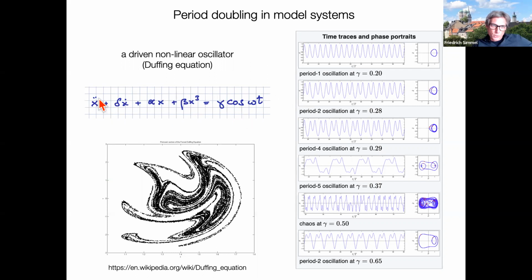And this I just copied from Wikipedia. With this equation, first you get normal oscillations, then you increase gamma, this term here, and then you see this pattern emerging, and this is what is known as period doubling. So you suddenly have two distinct rhythms in the system, and you can increase gamma more and more, and that actually also leads to chaotic behavior at one point.